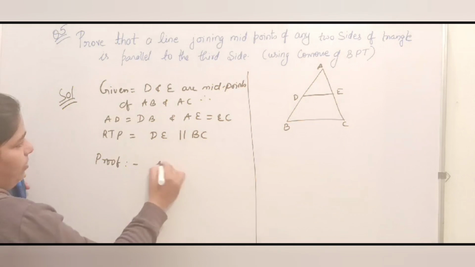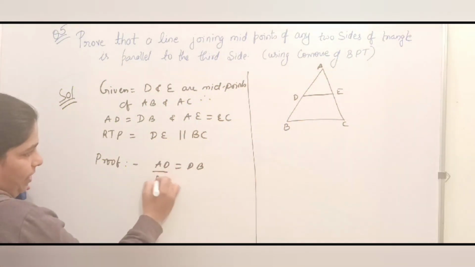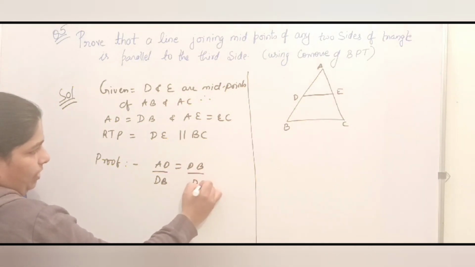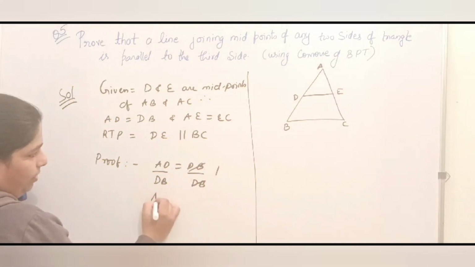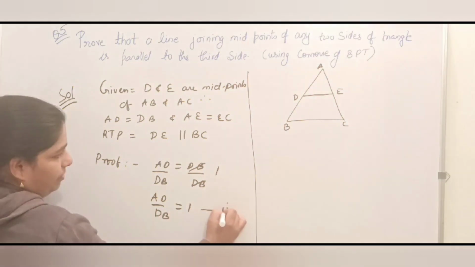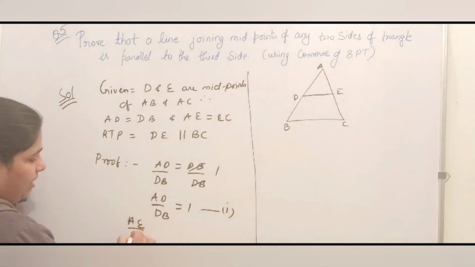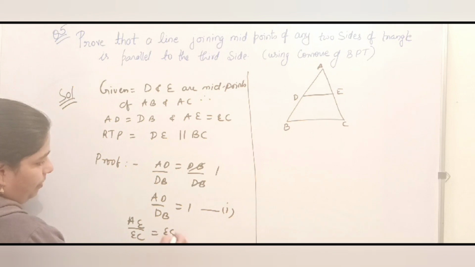Now as we know that AD is equal to DB, if I divide both sides by DB, then here it will become 1. Now I will get AD by DB is equal to 1. This is my first equation. Similarly, if I take AE by EC is equal to EC by EC, it will be cancelled.